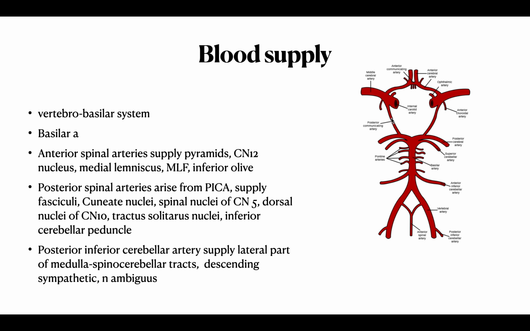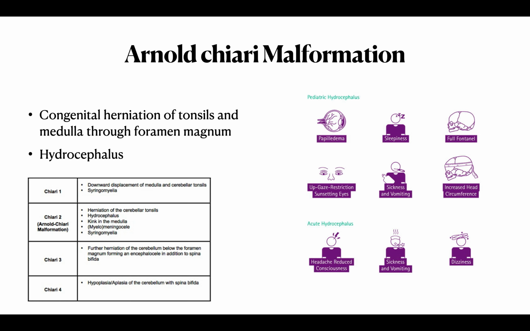So the posterior communicating arteries, spinal arteries will arise from the posterior inferior cerebral arteries, and that will supply the fasciculi along with the spinal nuclei of all these cranial nerves. And the cerebellar peduncle. The posterior inferior cerebellar artery is going to supply the lateral part of all the medulla, spinocerebellar tracts, along with the descending sympathetic tracts and the nucleus ambiguus.